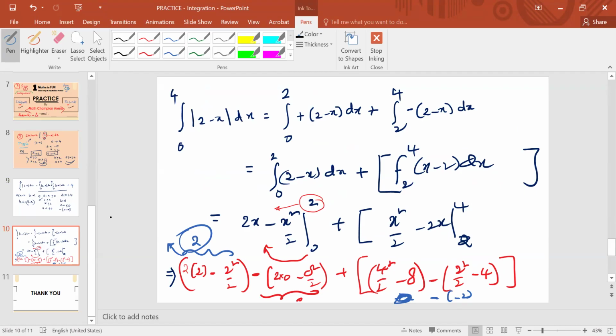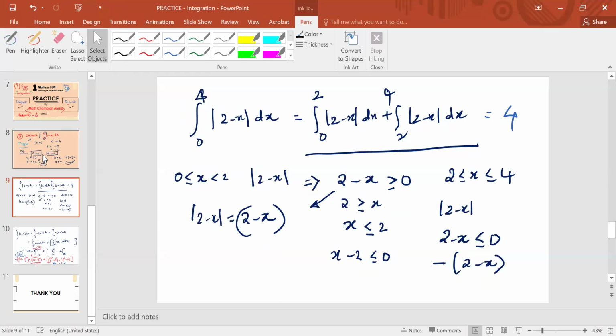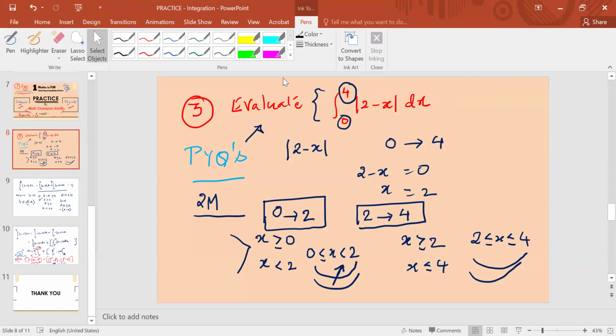So 2 plus 2 is becoming 4. So my resulting answer is 4. This is the answer we need to give. So be very careful while attempting such questions. Okay, let's work out the next question.